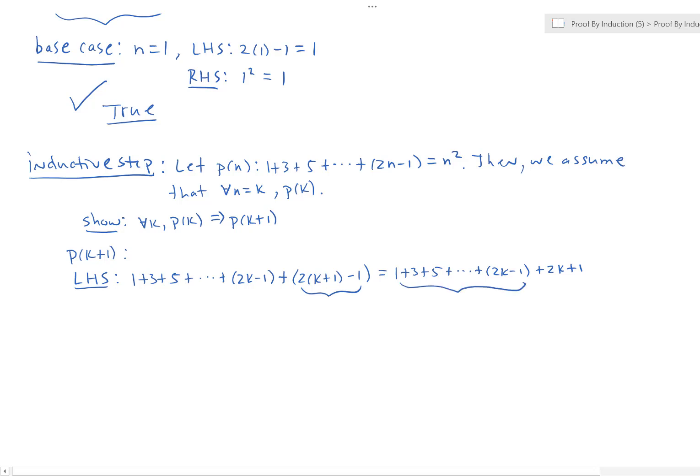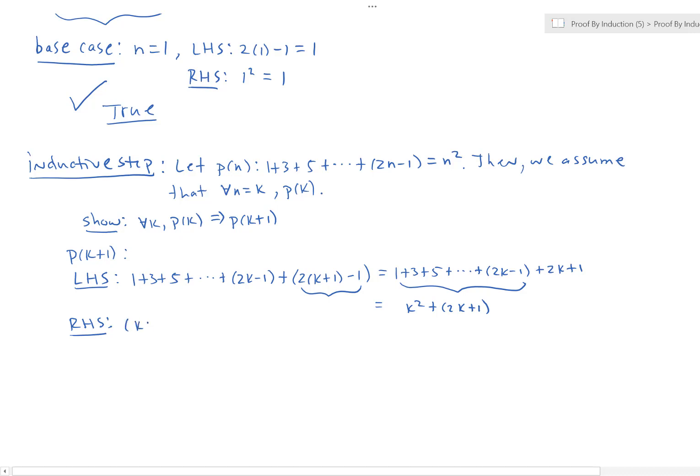Notice that these first k terms is just really k squared because we're assuming that p of k is always true. So really, the left-hand side there is k squared plus the quantity 2k plus 1. What about the right-hand side? Well, just replace n with k plus 1 again.